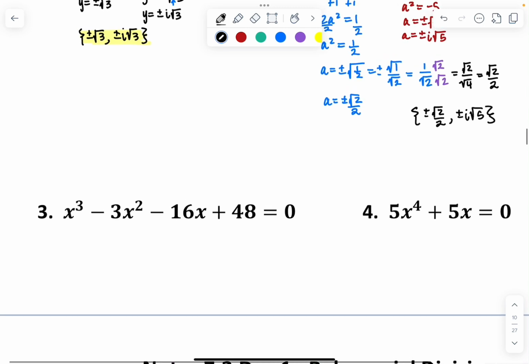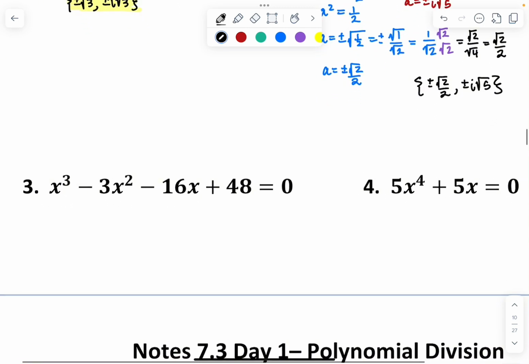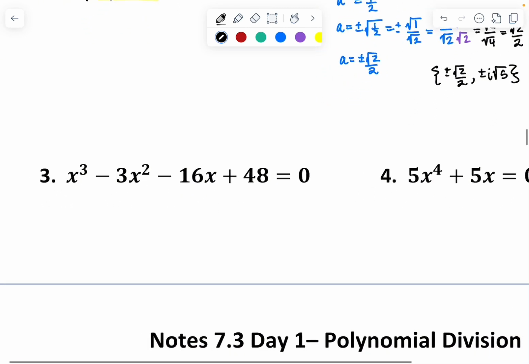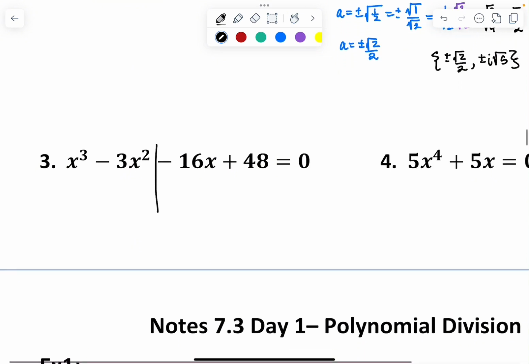Looking at number 3, there's 4 terms here. Anytime you have 4 terms, go ahead and split it right down the middle and try to factor by grouping. And so out of the first pair, I can divide out an x squared. And that leaves an x minus 3.